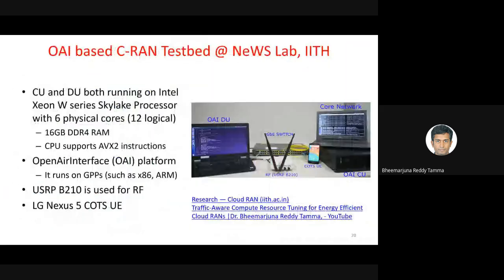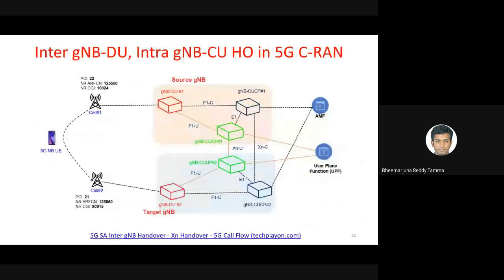So I will skip this part, and this is the testbed that we have in our lab, where we can use OpenAirInterface to realize this kind of setup and testbed on x86 machines. I want to show this picture to explain the handover happening in the context of inter-DU and intra-CU. So look at this example.